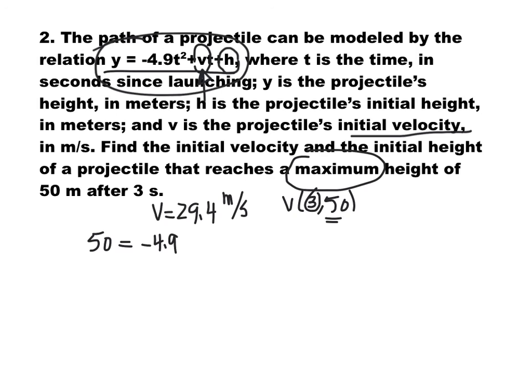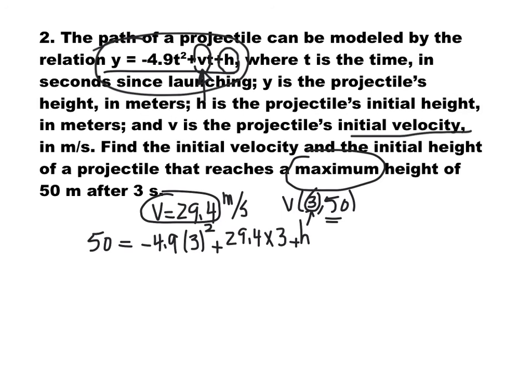I just substitute 3, so times 3 squared, plus vt, but we found that v is 29.4. So I get plus 29.4 times t. T is the x-coordinate of the vertex, which is 3, plus h.